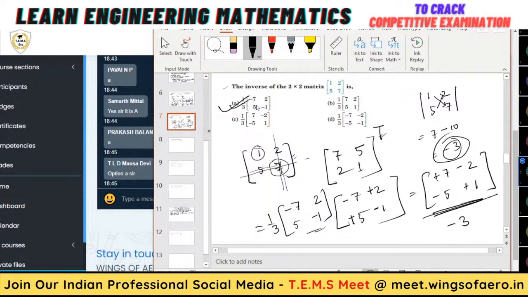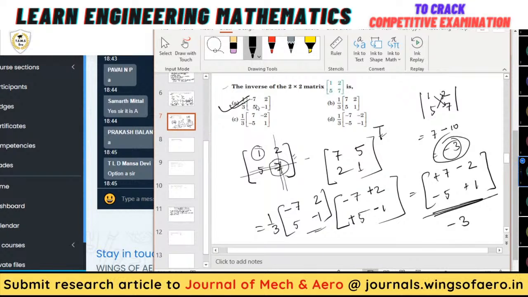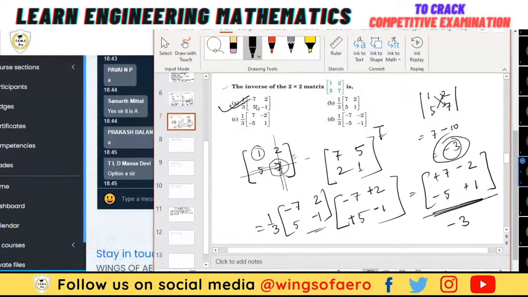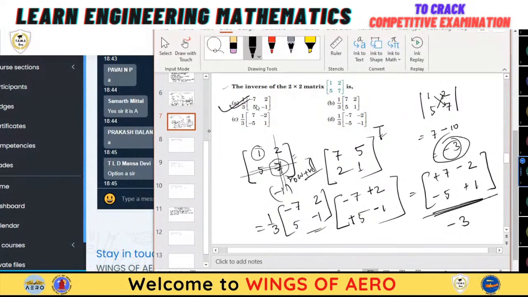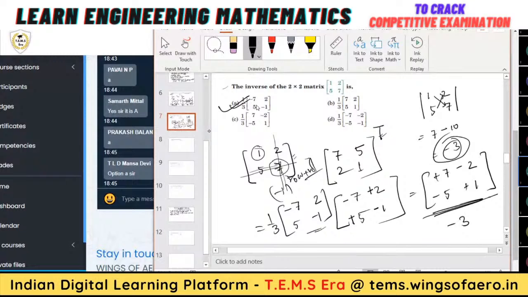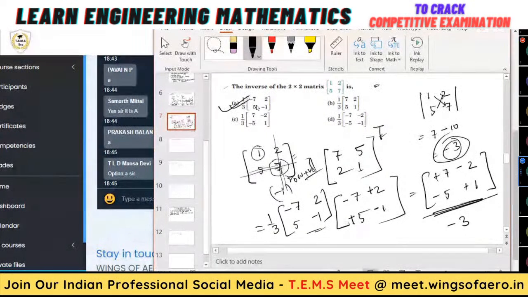Sign will be assigned after that, and the sign is nothing but (-1) to the power of the summation of row and column. Actually we are doing this one. The cofactor matrix is a very small matrix, so it is very easy to find.